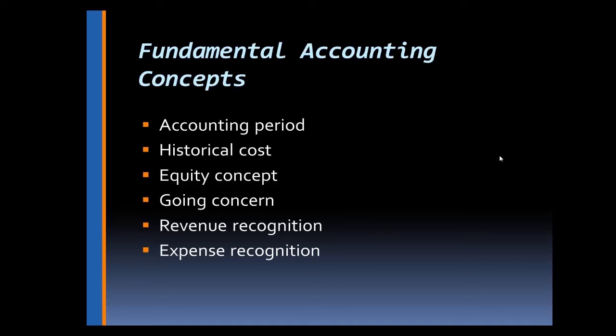When you look at the financial statements, there's the assumption that the organization is a going concern, that it's going to operate in the future. Also, there are concepts of revenue recognition and expense recognition. When we talk about expense recognition and revenue recognition, we're talking about the accrual versus the cash basis of accounting.